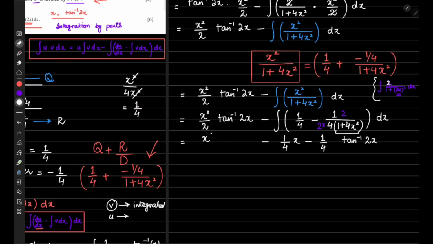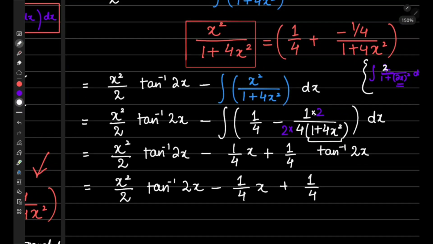So we end up getting x square over 2 tan inverse of 2x minus 1 over 4x, minus times minus gives you plus. So plus 1 over 4. Sorry, it's not 1 over 4 because we multiplied and divided by 2. So we end up getting 1 over 8. So plus 1 over 8 tan inverse of 2x.